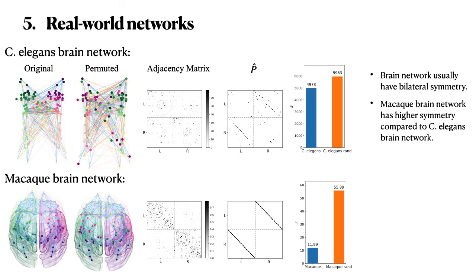And note that even though the two hemispheres are flipped exactly, its E is 11.99 instead of 0, which means that the two hemispheres of the brain are slightly different from each other, so the network does not have a perfect symmetry but has a high level of approximate symmetry. And this is a good example of why having a definition and a measure for approximate symmetry is important.